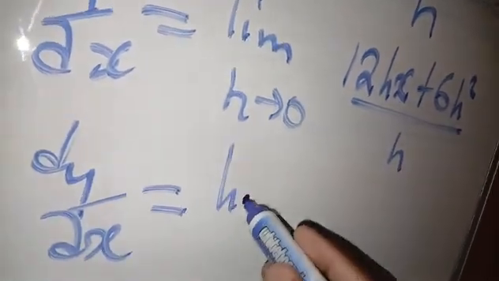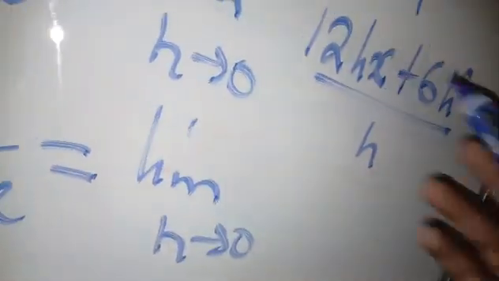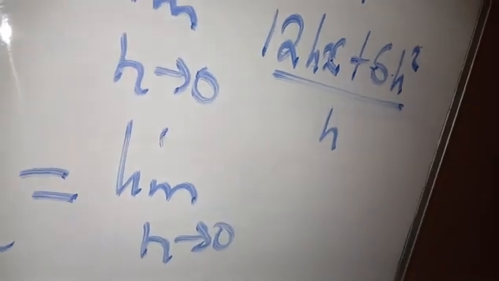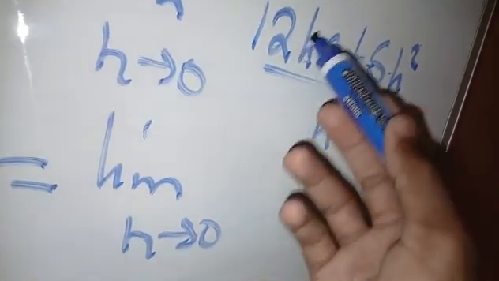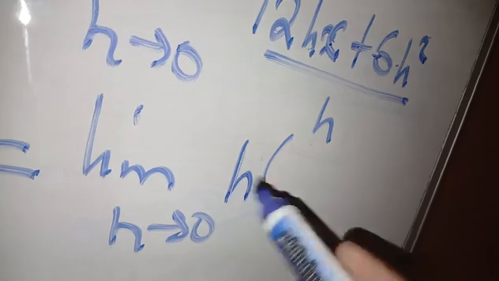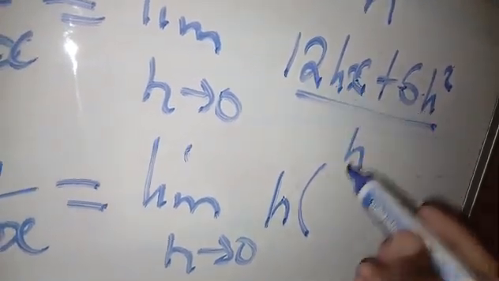So we can continue by saying dy over dx is equal to limit as h approaches 0, then we have 12hx plus 6h squared. I think we can factorize this one, but our main interest is on the h part. So we factorize by saying h into 12hx, we are going to remain with 12x.